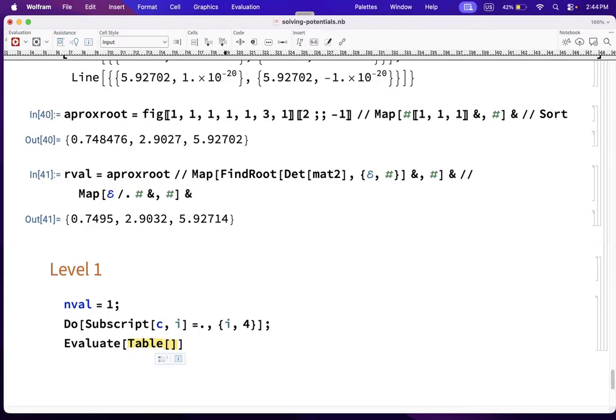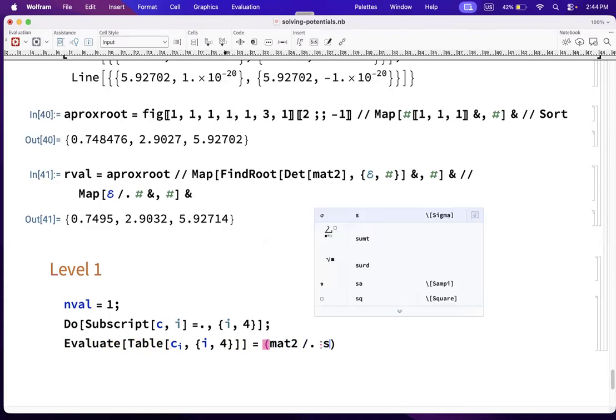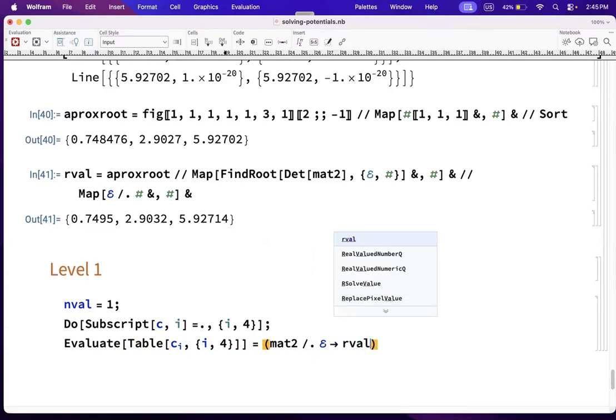C sub i, comma 4, and this is equal to mat2, please, replacing this value at rval, the ones that we computed, nval. In this case, nval is 1, so I put just 1.